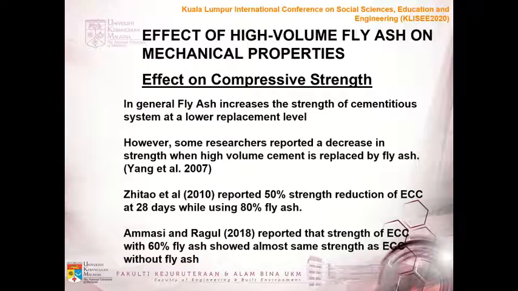Zaitao et al. in 2010 observed a 50% strength reduction for ECC at 28 days while using 80% fly ash. Ammasi and Raghul also reported that ECC with 60% fly ash showed almost the same strength as ECC without fly ash.